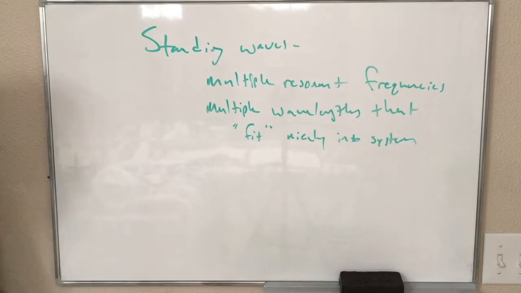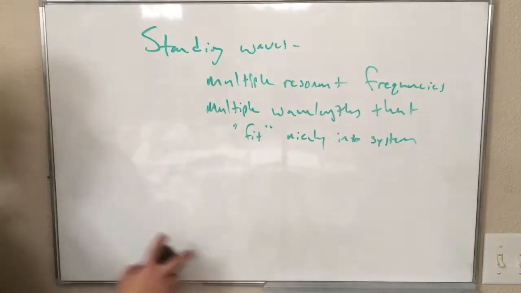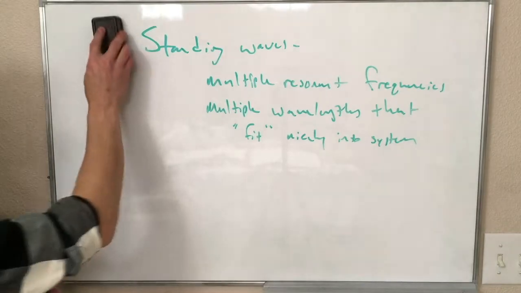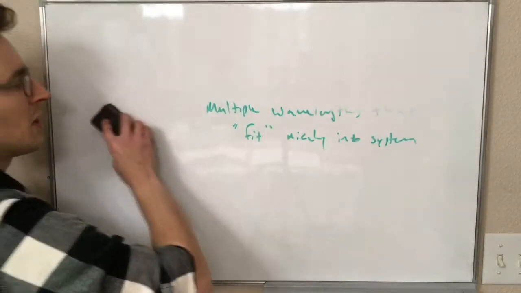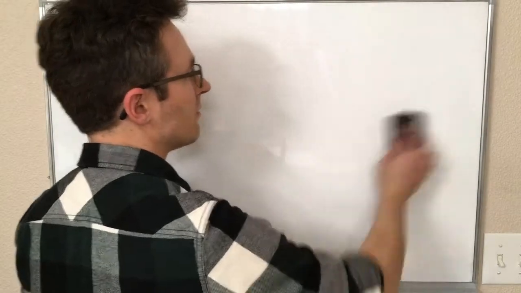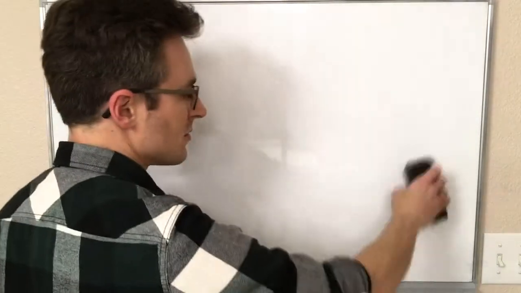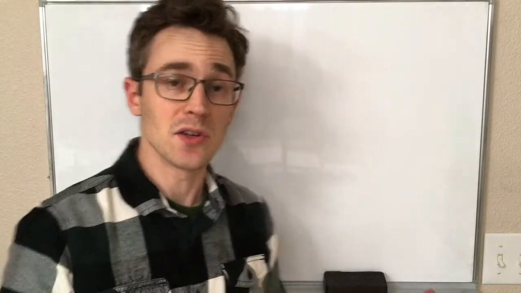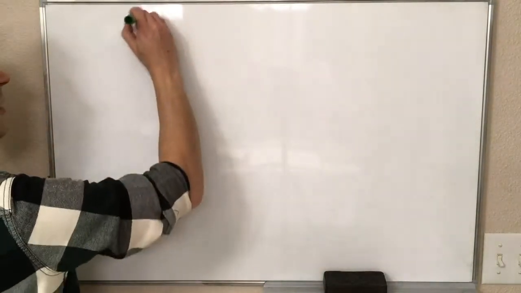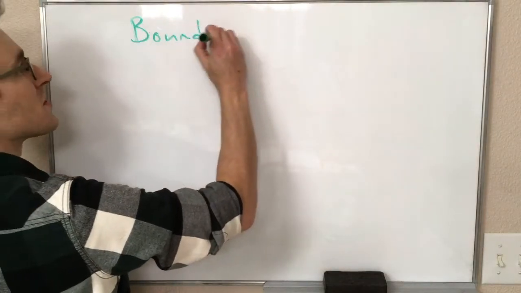All right, so let's talk about what this resonance looks like. For determining what these resonant wavelengths and frequencies are, we need to know something about what's going on at the ends of our system, or what physicists call the boundary conditions.